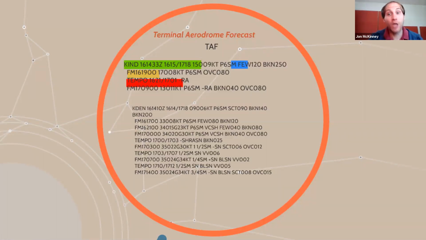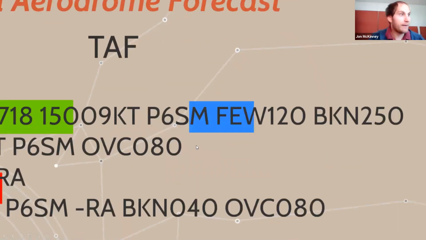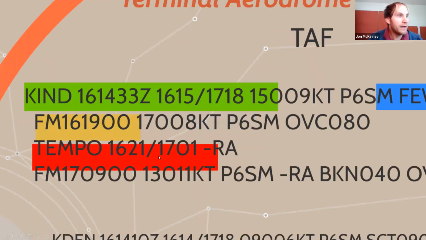So that's such a large period of time, you're seeing a temporary, TEMPO. Temporarily on the 16th day from 21 Zulu until the 17th day at 1 Zulu, there is a 4-hour window where you're going to see light rain.